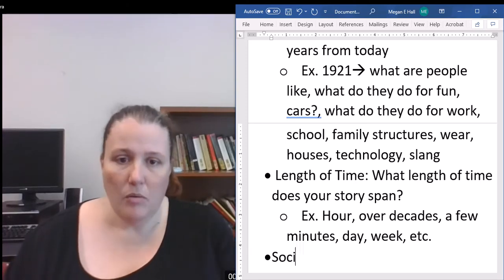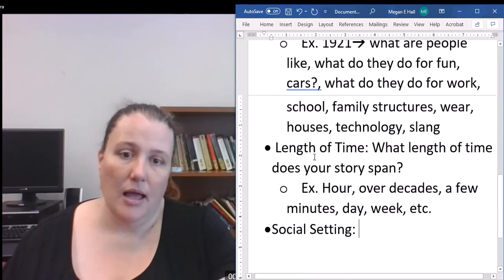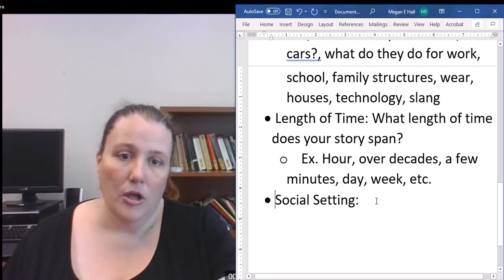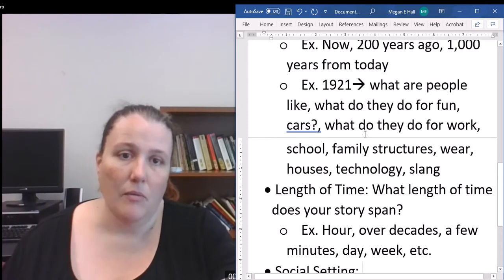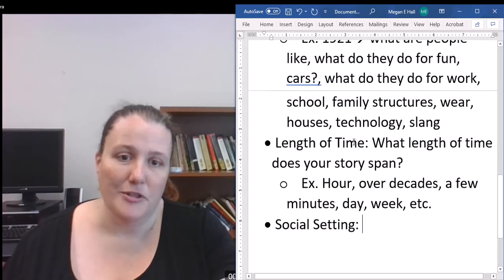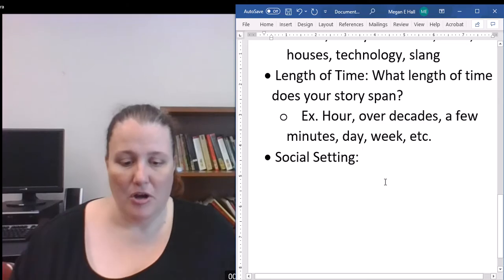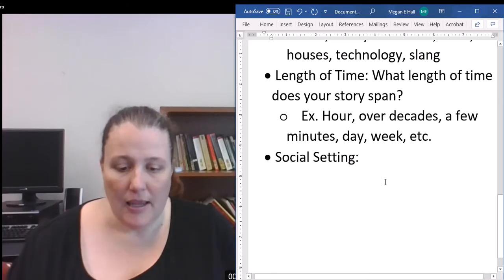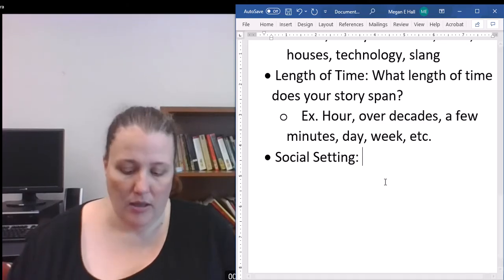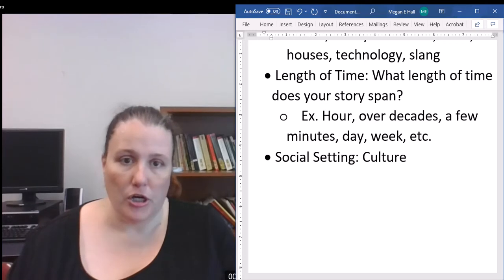And then finally, we have the social setting. Now, this is something that I find a lot of newer writers don't always consider, and some of them I've described up here just because they're connected to time period. But essentially, this has to do with the culture of your setting.